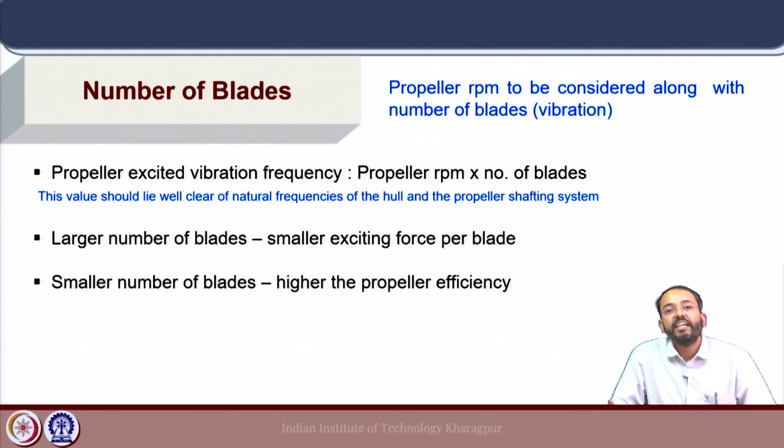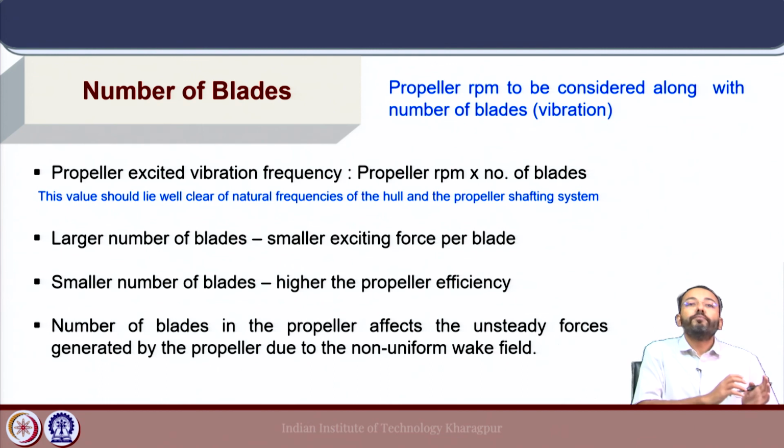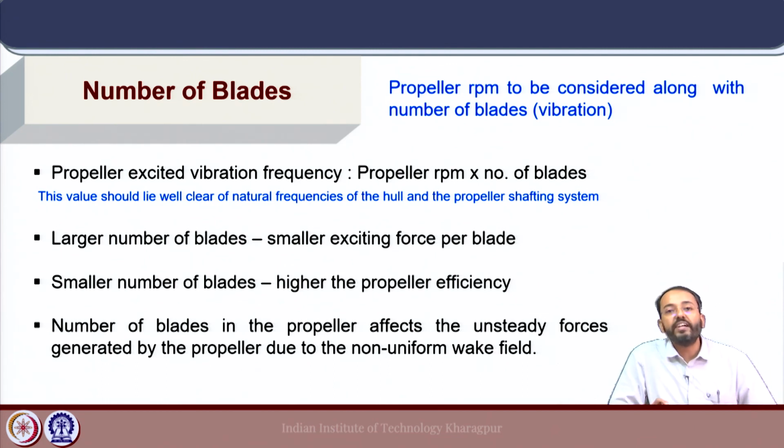On the other hand, if the propeller blade count is high, then the exciting force per blade will be low, and the number of propeller blades also will affect the unsteady forces generated by the propeller, especially in the non-uniform wake field behind the ship. So, these considerations are important in deciding the number of blades in the propeller design.